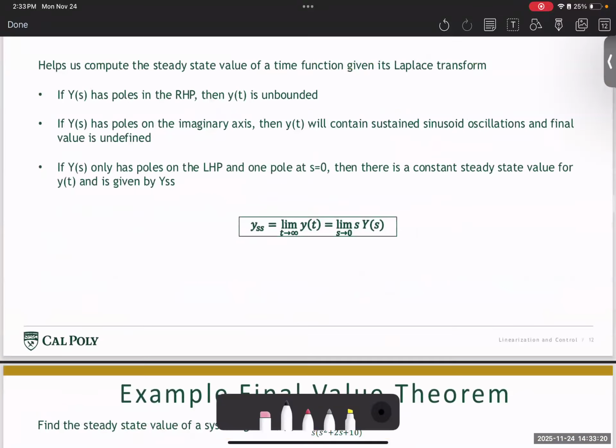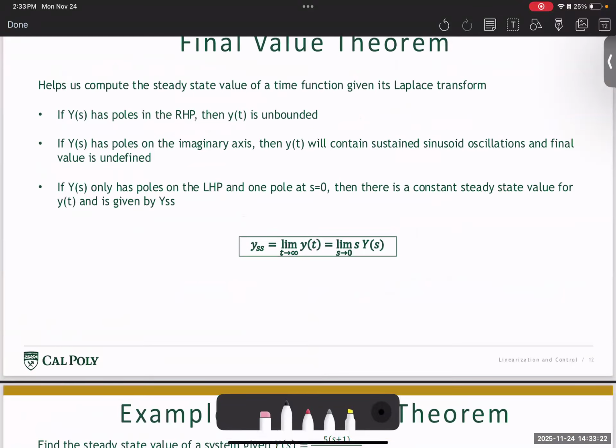The final value theorem tells you that if the system only has poles on the left-hand plane, which means the system has to be stable, and if one of the poles is at the origin, then there is a constant steady state value for the output of the system. In such a case, we can estimate what the final state of the system is going to be, or in other words, the steady state of the system as it tends towards its stable final state.